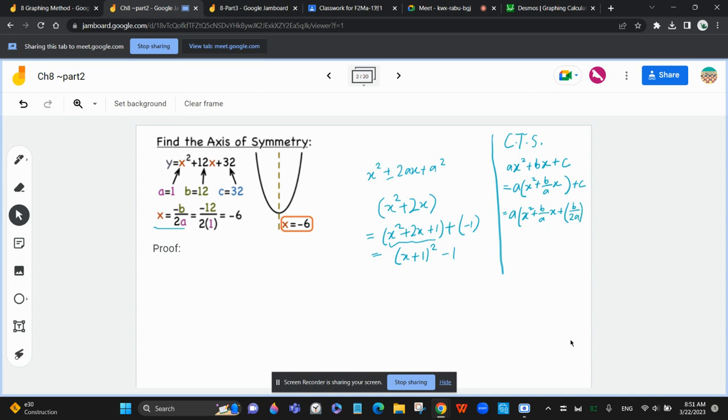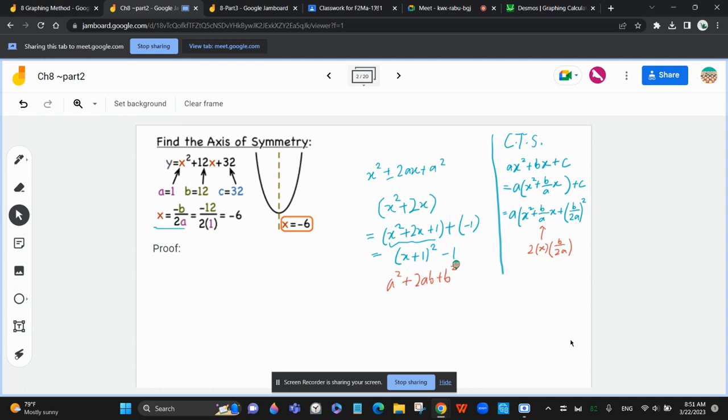So the middle term is 2 times x times b over 2a, because here we are using the formula a squared plus 2ab plus b squared.